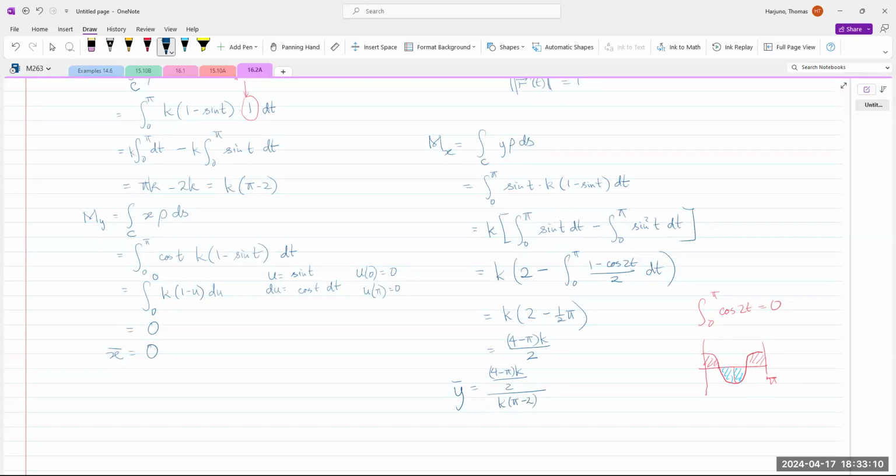At least the k cancels, right? So it's (4 minus pi) over 2 times (pi minus 2). Okay, so that's the y bar.